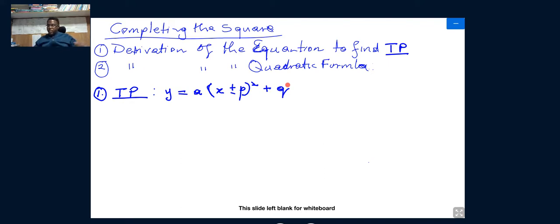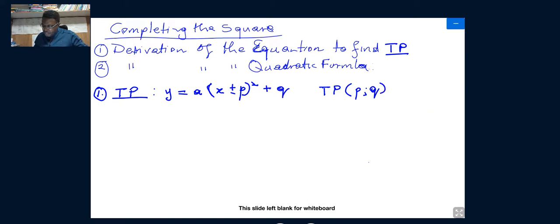This is what we want to do. We want to arrive at this level because a TP, a turning point, is a turning point in a Cartesian plane. It's P, Q.